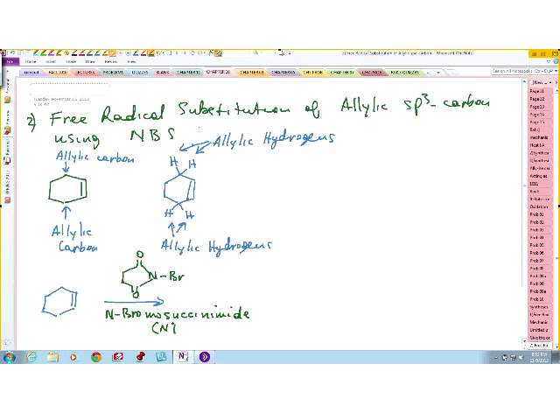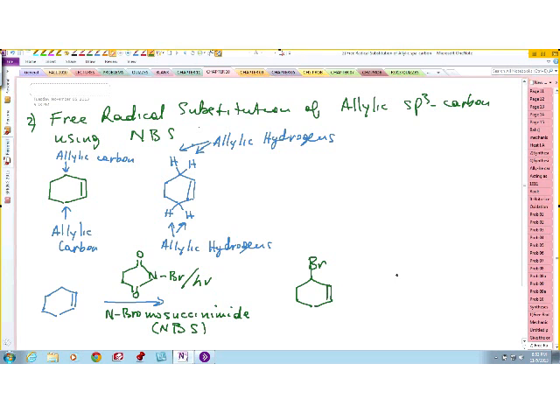We abbreviate it as NBS, so subsequently you could simply just write NBS. This reaction takes place in the presence of heat or light. What this reagent does is to only replace the hydrogen attached to an allylic carbon. So you will get this product here. That is the product you are going to get.